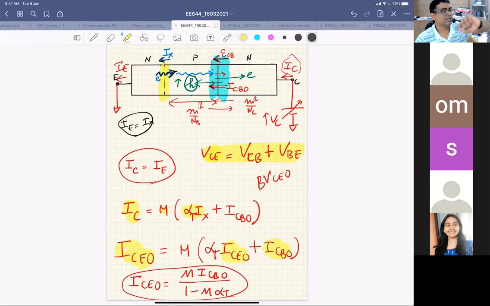Because here IB is not there, so IC equals IE, because whatever electrons reach the collector are collected. So your alpha t becomes alpha also. That's the reason I started with alpha, but that was my mistake.